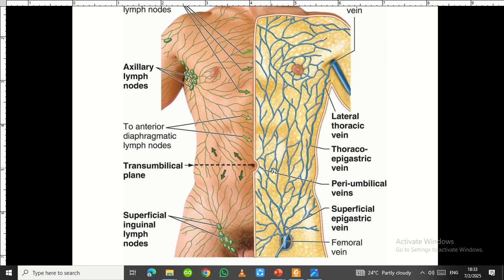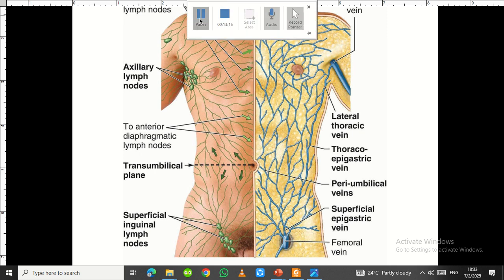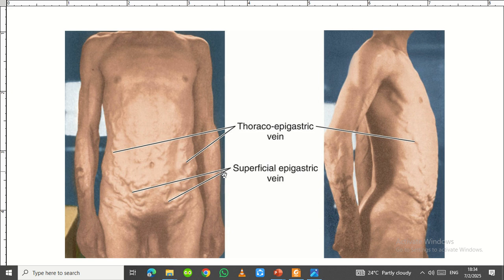So there's going to be distension or dilatation of these veins, which will lead to a condition called caput medusae. Let's take a look at the image. Right. So this shows what you call caput medusae. You can actually see the dilatation of the superficial veins, right?